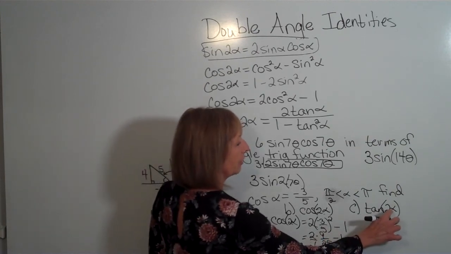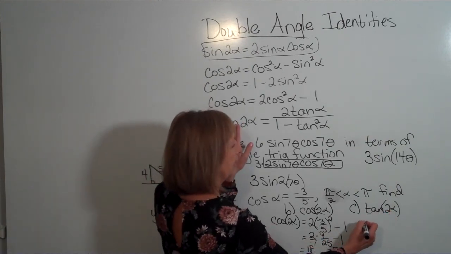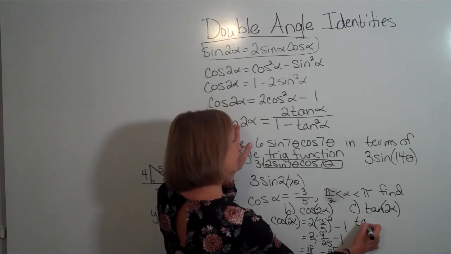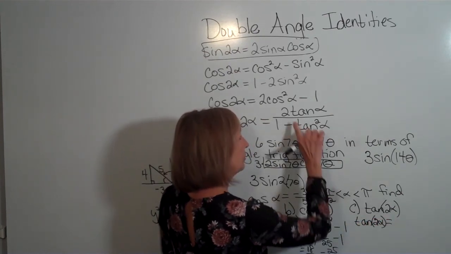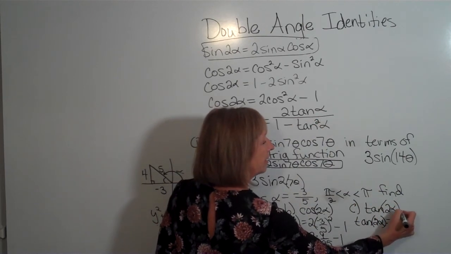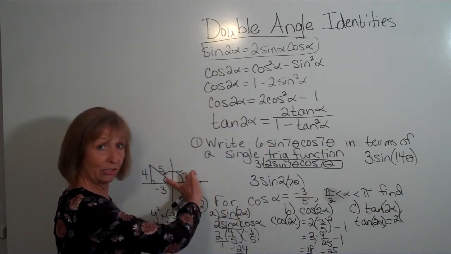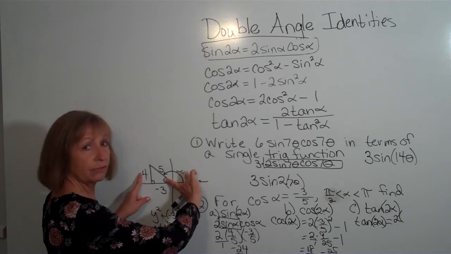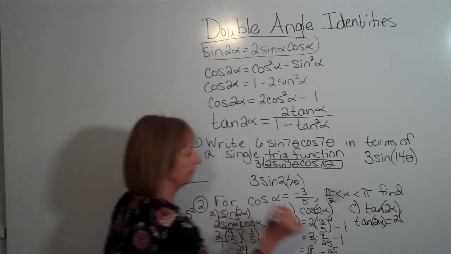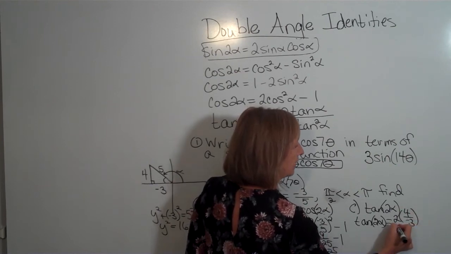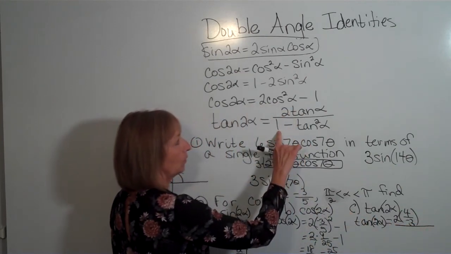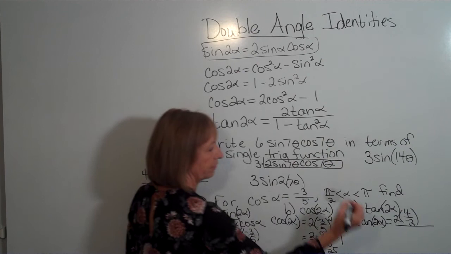Lastly, tangent of 2 alpha. So the tangent of 2 alpha is equal to 2 times the tangent of alpha. So 2 times the tangent of this angle. So that's 4/-3. Divided by 1 minus the square of the tangent of alpha.